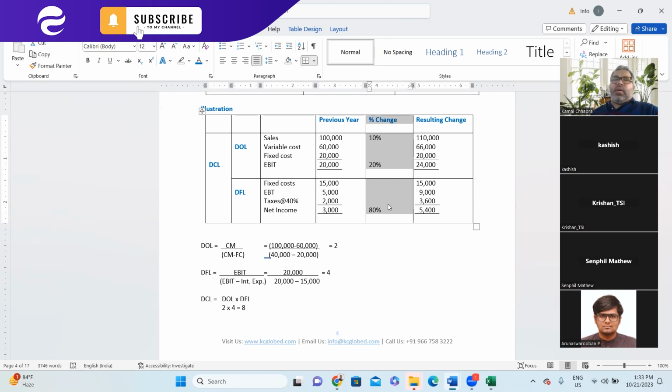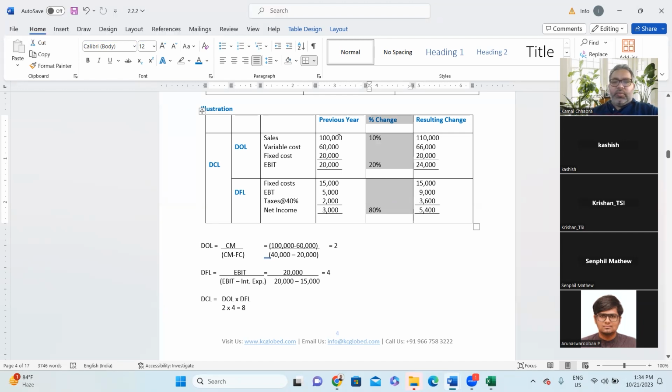So there are two leverages. One is operating leverage, second is financial leverage, right? How do you calculate operating leverage? Contribution margin divided by contribution margin minus fixed cost, right? So what is your operating leverage in the previous year?